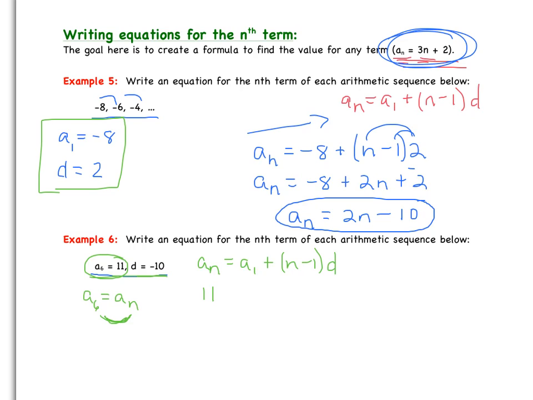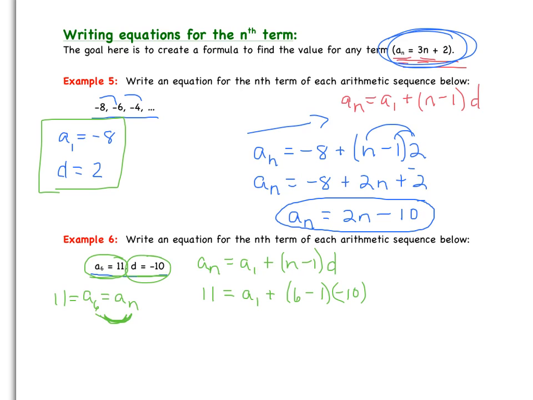Now, this value is 11, so this goes in the a sub n spot. Our first term we don't know, but we do know that n is equal to 6. We just figured that out. Then minus 1, and our common difference, they spell out for us, is negative 10.